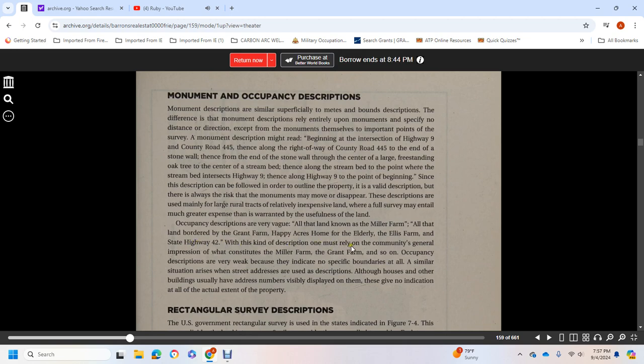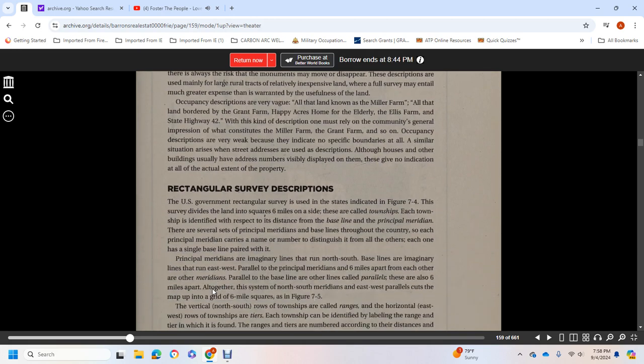With this kind of description, one must rely on the community's general impression of what constitutes the Miller Farm and the Grant Farm. Occupancy descriptions are very weak because they indicate no specific boundaries at all. Similar situations arise where street addresses are used as descriptions, although houses and other buildings usually have the address numbers visibly displayed on them. They give no indication at all of the actual extent of the property.